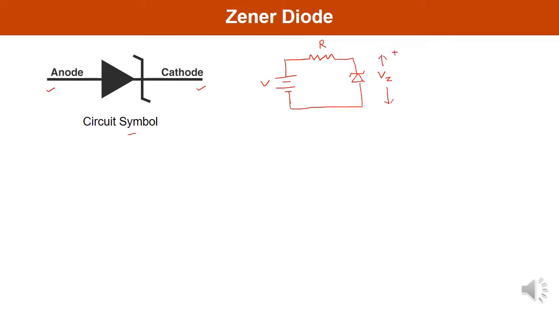The voltage developed is positive, negative. You can see the current flows in this particular direction, and IR is the current passing through this limiting resistor. Now it is connected in reverse bias: the positive terminal of the battery is connected with the cathode and the negative with the anode. And reverse biasing of the Zener diode is used as a voltage regulator.